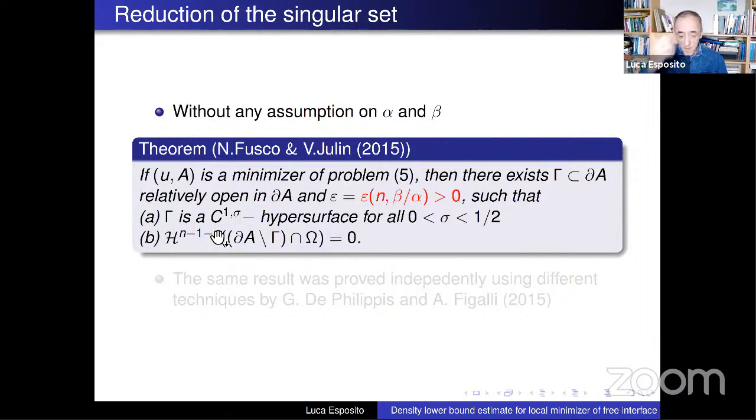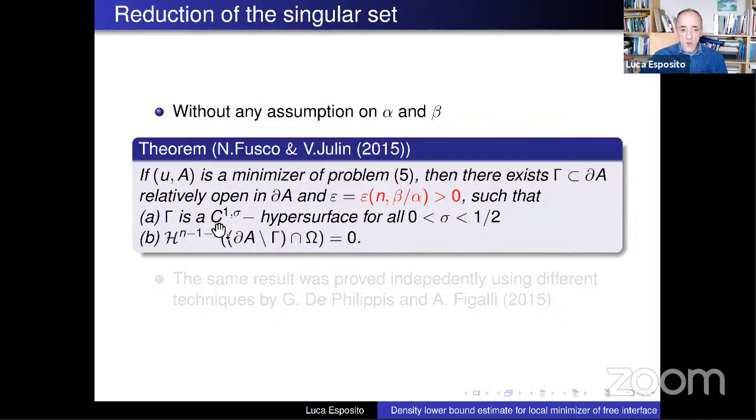So they proved that if UA is a minimizer of the constrained problem, then there exists a subset of the boundary that is relatively open inside the boundary, and this is a C1 sigma hypersurface.